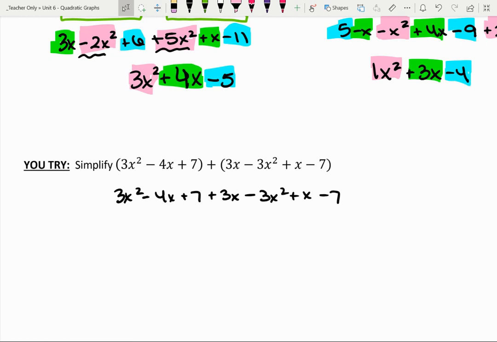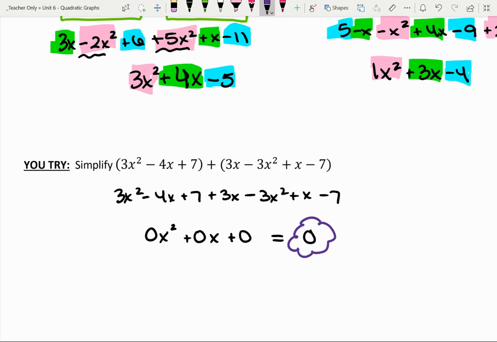And once you identify your like terms and put them together, you'll actually get 0x squared plus 0x plus 0, which simplifies to 0. You guessed it. So if your final conclusion here was 0 and wondered what you did wrong, you're actually on the right track.